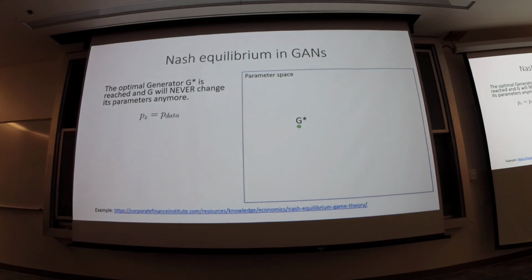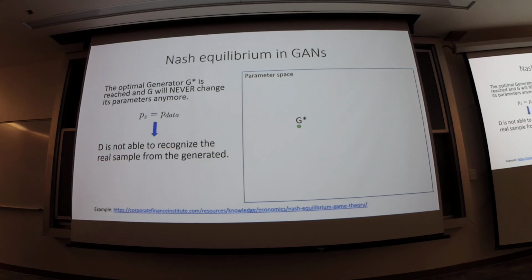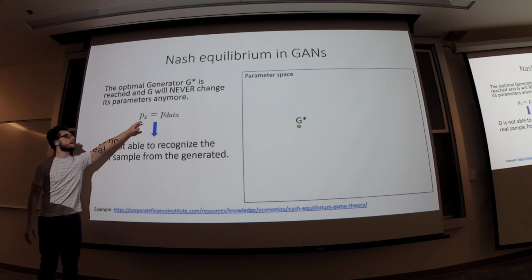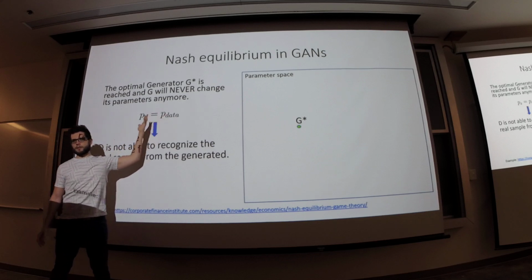The generator produces a probability distribution that is exactly equal to the probability distribution of the real data. Since these two are equal, it means that D is not able anymore to recognize real samples from the generated ones, because the manifold of PZ is equal to the manifold of P data.